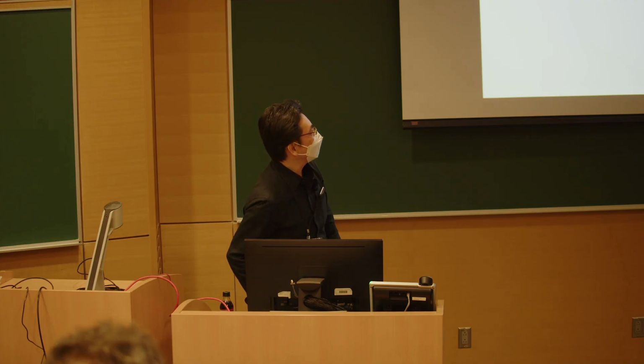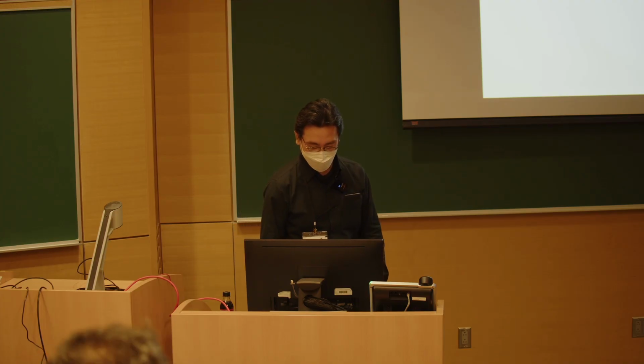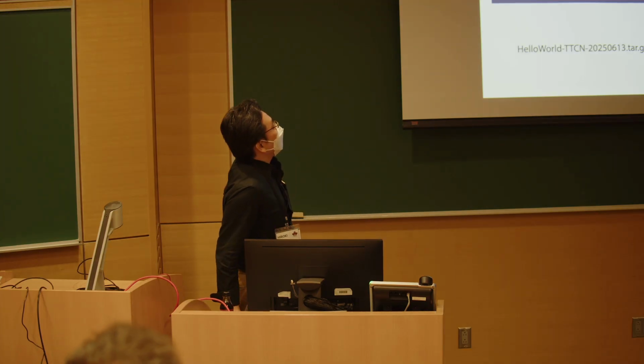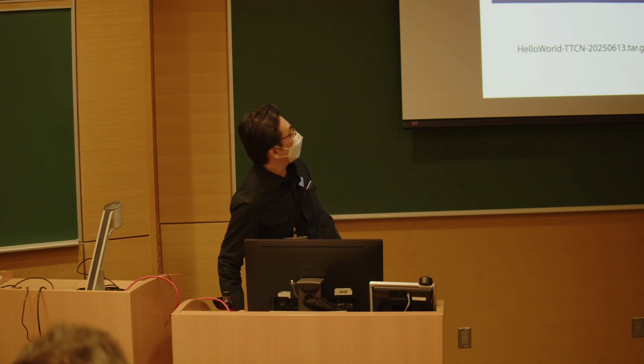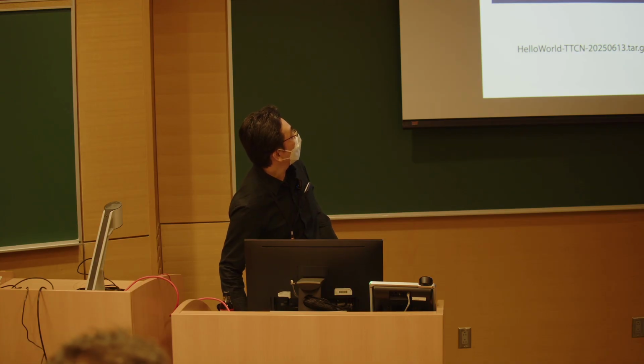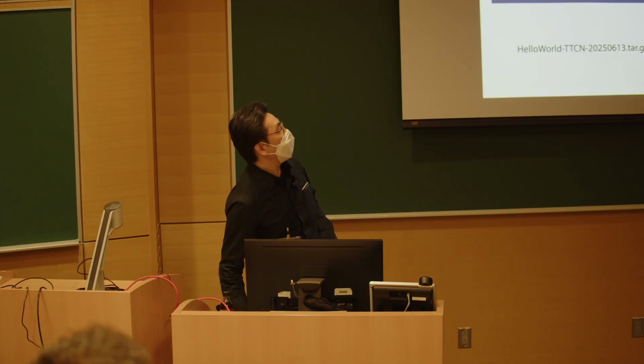So let's see the Hello World program in TTCN-3. This is the program listing, the complete program listing of the Hello World program. And this has 2 test cases. So basically, the Hello World part is just the left-hand side. But this one big file is split into the left column and the right column.